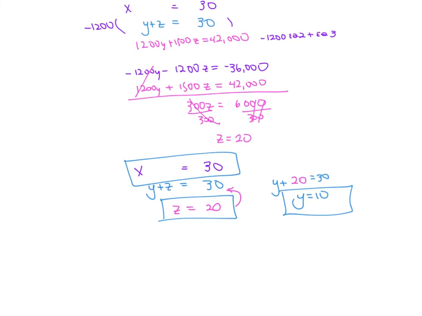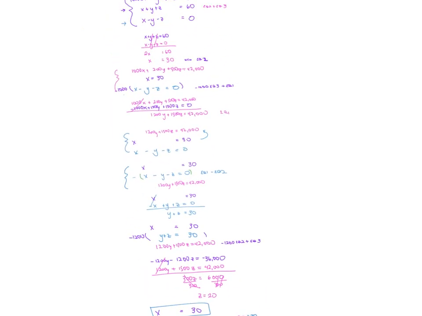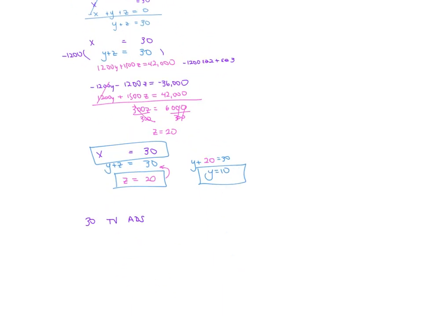So what that tells us is we can have 30 TV ads, if you're looking back at your variables that you defined all the way at the top. Sorry, this word is pretty large. So 30 TV ads, and then 10 of the radio ads. And then finally, 20 of the newspaper ads.